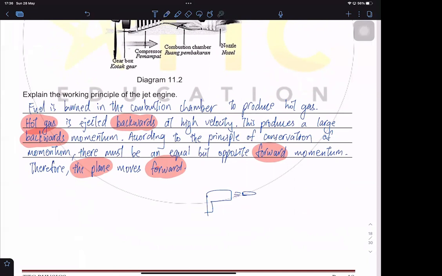You say the bullet is ejected forwards at high velocity. This produces a large forwards momentum. According to the principle of conservation of momentum, there must be an equal but opposite, so backwards, momentum. Therefore, the gun moves backwards. This is how you explain all the momentum explanation questions. Okay, 4 marks, easy.